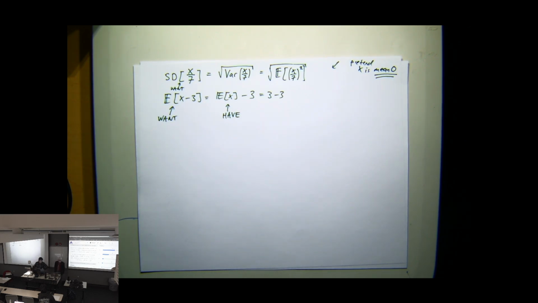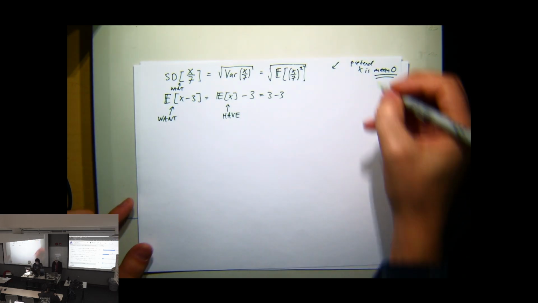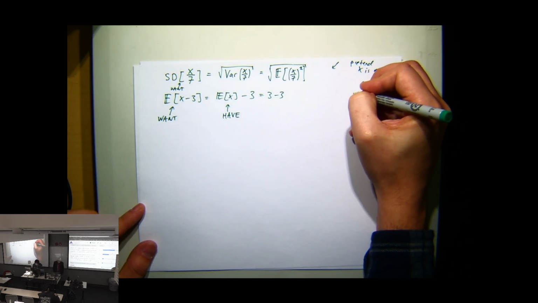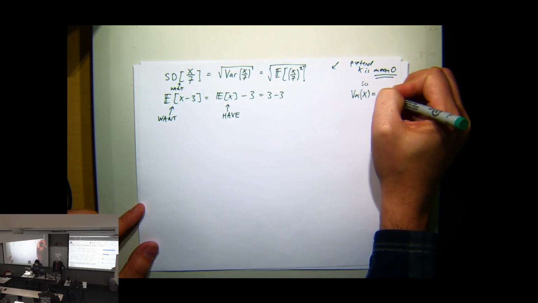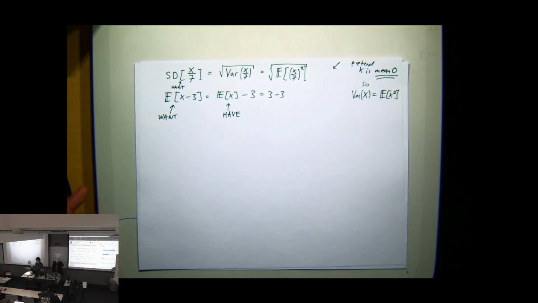So it won't change much, but it'll make it a little easier to work out, and you'll see what's going on. So far I've written out the variance in terms of the expected value of the square. So the variance of x is the mean of x squared. Normally you have to subtract off something, but in this case you're subtracting 0. You guys with me so far? Any questions or comments?